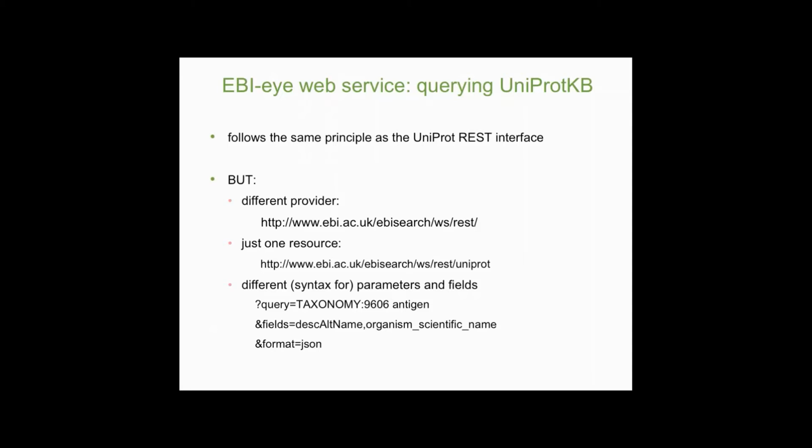In this case, the URL is specified as shown here, and there's just the one resource which is UniProt, and it targets the UniProt knowledge base. And the syntax for parameters is slightly different. For example, taxonomy has to be spelled in uppercase, and the field names are different from what you would find in the UniProt RESTful API, but that's documented and you can look it up.